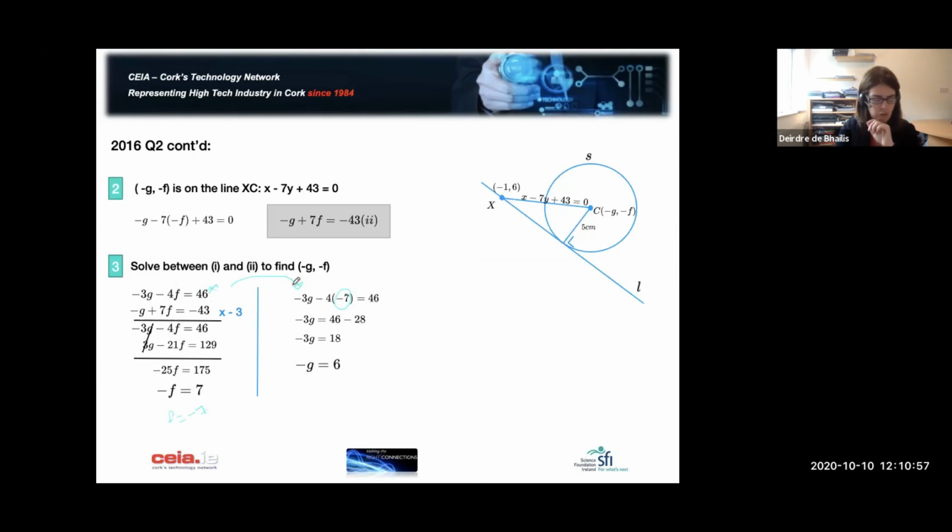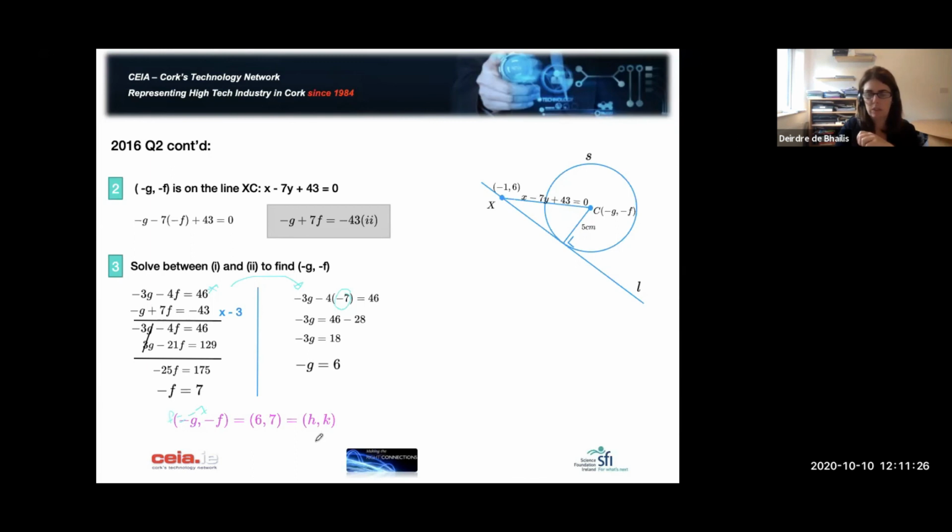So now I have minus f and minus g, and I can say that the center of the circle is equal to 6 and 7. Minus g and minus f is equal to 6 and 7, and that's also equal to h and k. The reason I do that is I have the radius, and I don't want to have to start working out c now to use the second format for the equation.